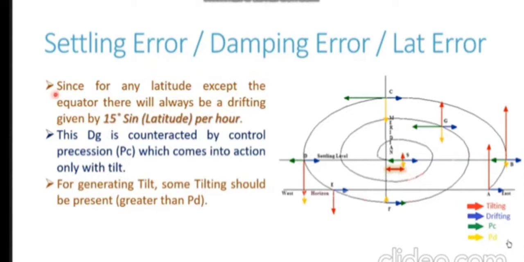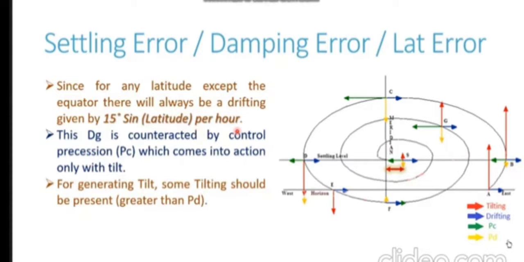Now we are aware that for any particular latitude except the equator, there will always be some amount of drifting. We are aware of the drifting formula. It is given by 15 degrees sine of latitude per hour.